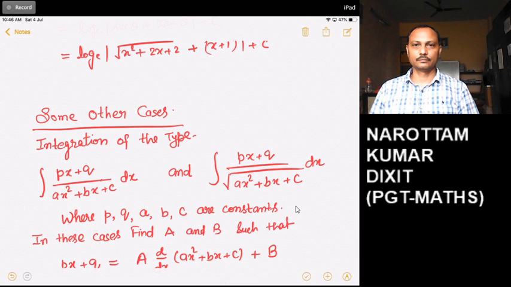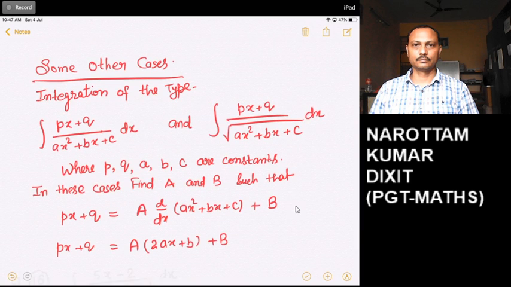If in this form the question is given, where p, q, a, b and c are constants, in these cases we have to find a capital A and a capital B such that px plus q, the numerator of the question, equals A times the derivative of the denominator, or of the quadratic polynomial if it is in the square root, plus another constant B.